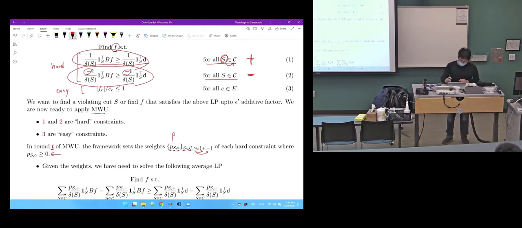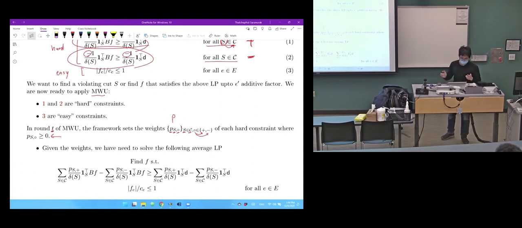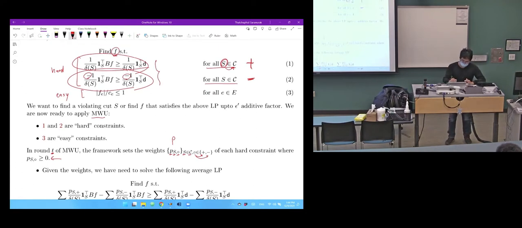And what you need to do is look at this thing where you average: for each of these constraints, you multiply with its corresponding weight, and then sum everything up.